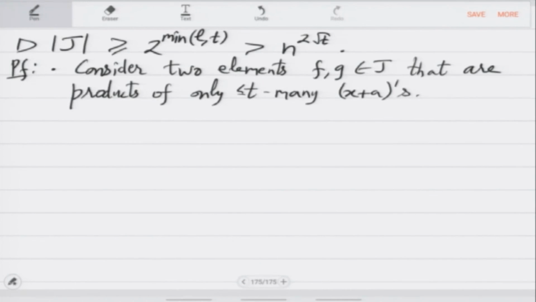Basically pick T or less x plus a's and then multiply them. Look at two such products for two different ways of picking. I claim that they are different.